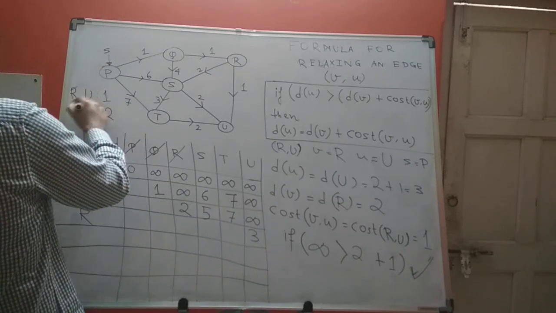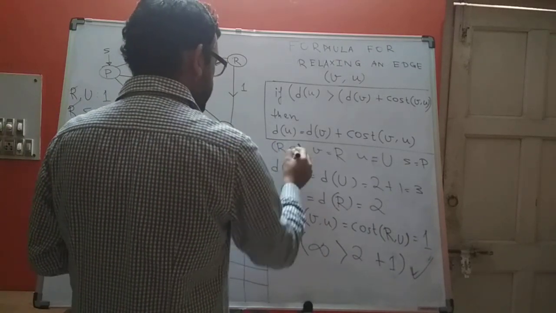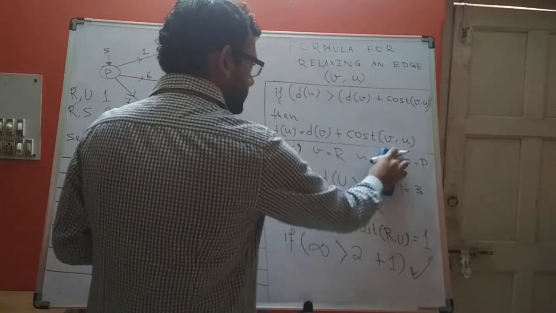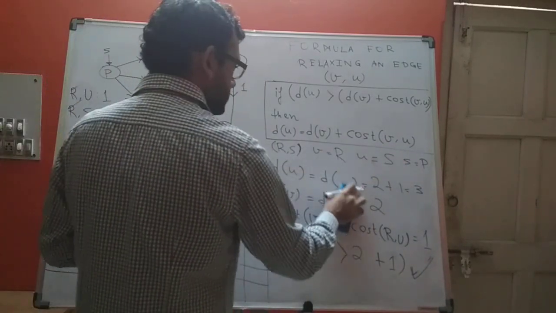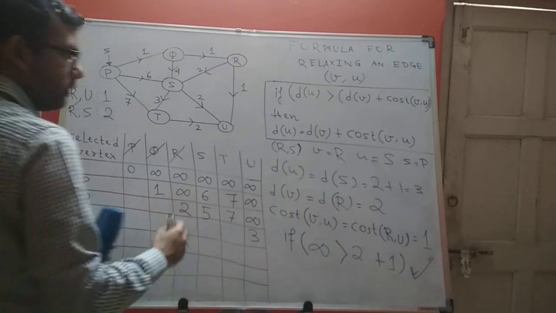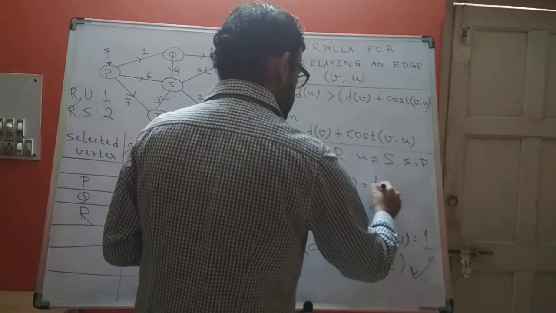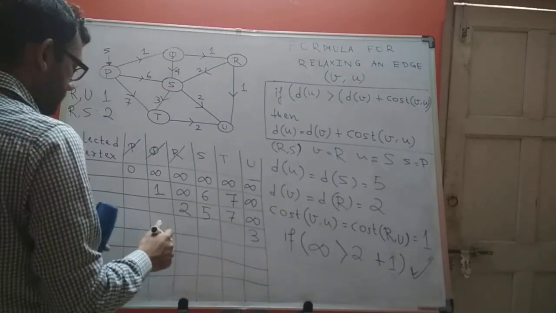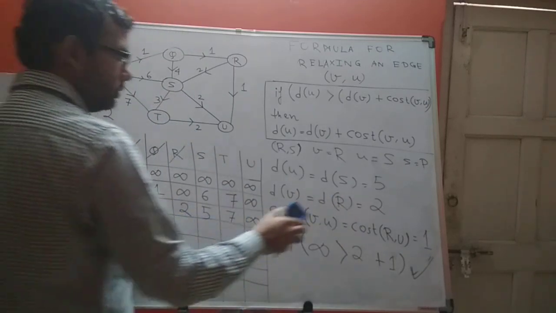Now the next edge I'll relax is R comma S. So let's relax the edge R comma S. u is now the vertex S. Now du is ds. Look at the distance to S, it is 5. So ds is 5. And what about dv? It's dr. dr was 2, so it remains 2.